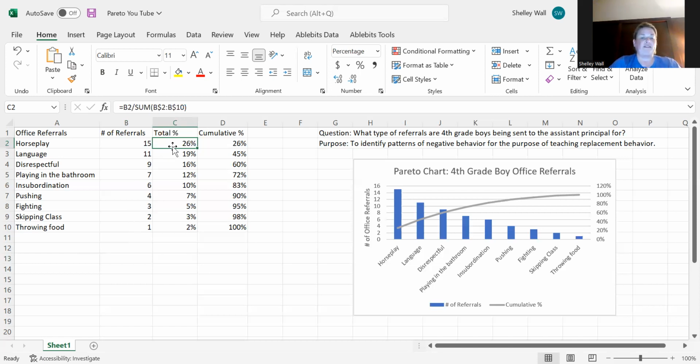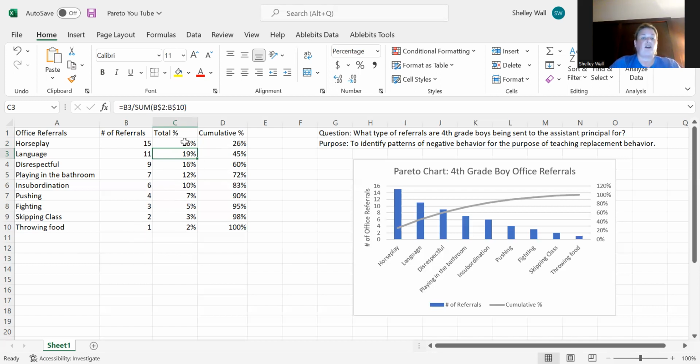That gave us 26%. You can drag this down, or you can continue to do it individually, cell by cell. Now we would be focused on cell B3 divided by the sum of still all your office referrals from B2 to B10.